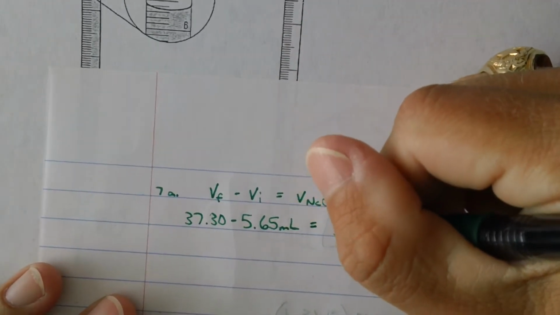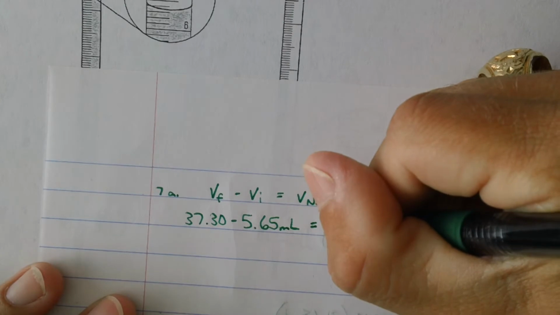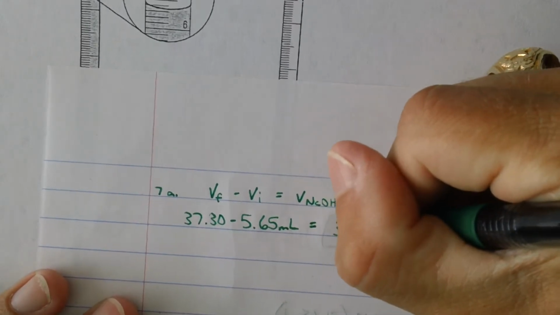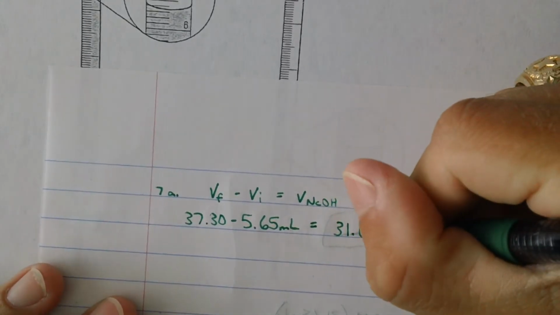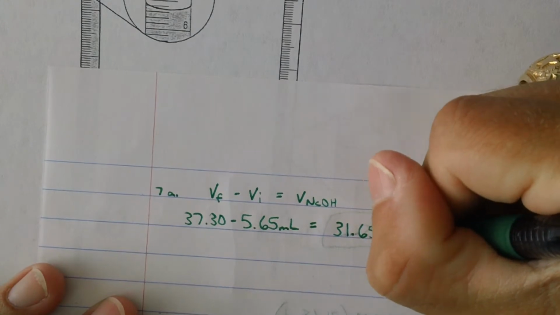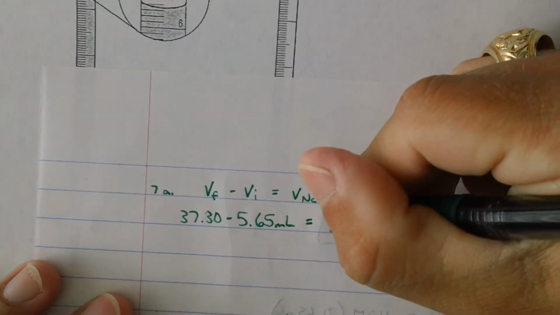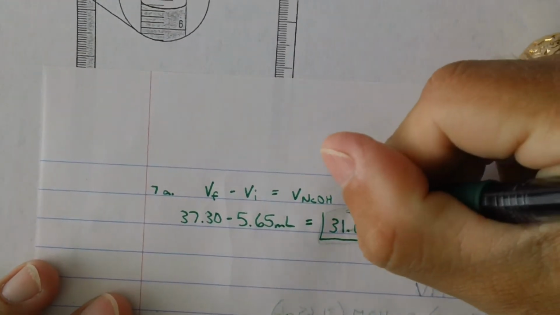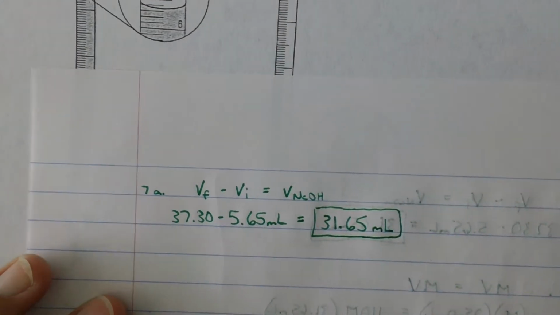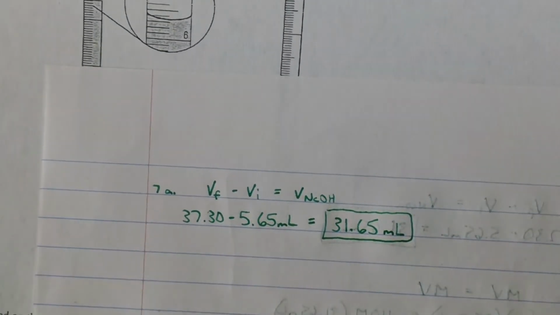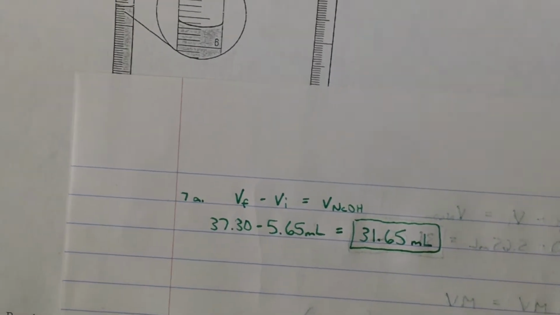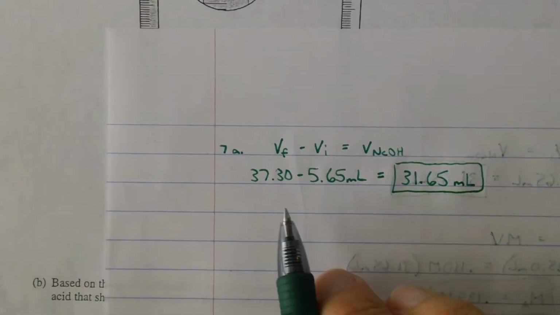So this guy is going to be 31.65. You got to go all the way to the hundredths place milliliters. Tougher than it looks. You got to really understand some sig figs to get that answer right. So 31.65. That's just 1 point there. It's just a subtraction problem. Sig figs make it a lot more difficult.